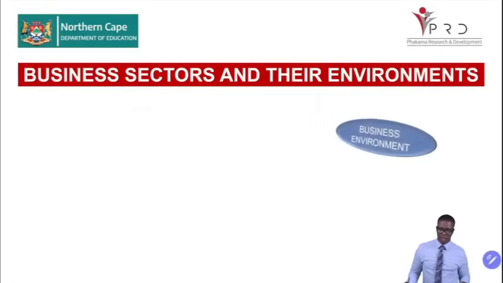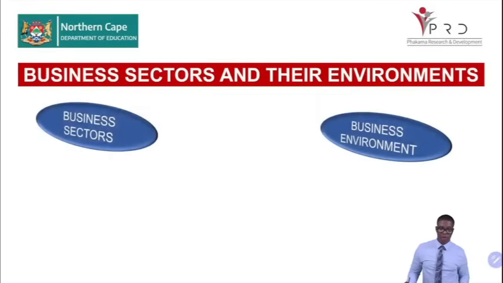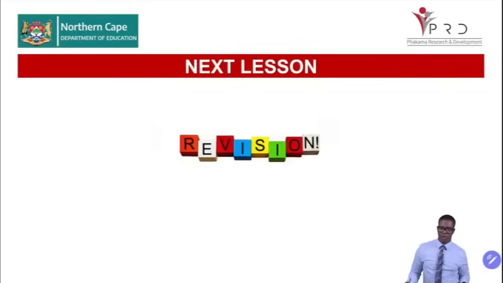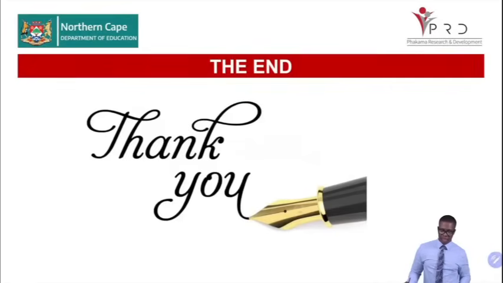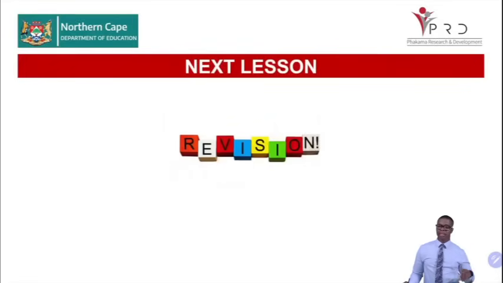And then we also dealt with the business sectors, where we looked into how to quote the challenges, how to classify the environments, then how to state the extent of control. And the revision for the next lesson will be on business operations, and we'll be looking into how to deal with human resources and how to deal with quality of performance.